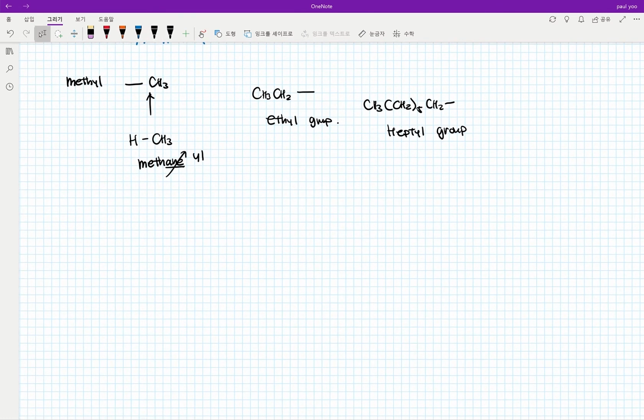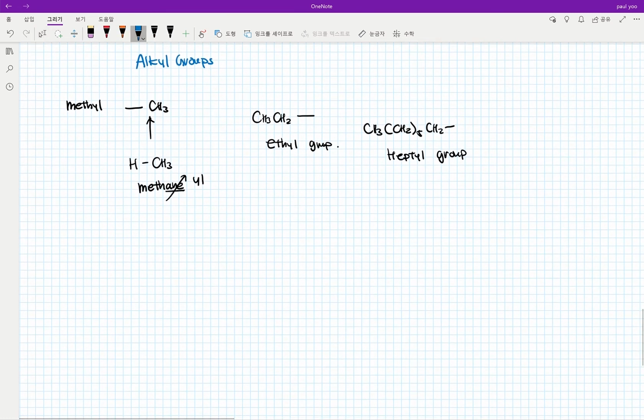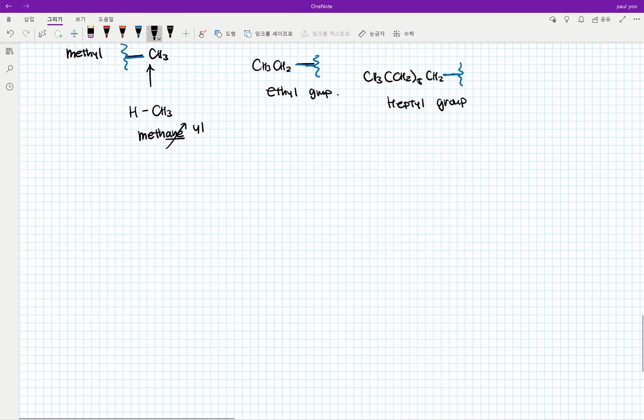The dash at the end of the chain represents a potential point of attachment for some other atom or group. So at the end of this dash, you may have either a parent group or a possible other group attached to it. Carbon atoms are classified according to their degree of substitution by other carbons. So a primary carbon is directly attached to one other carbon.